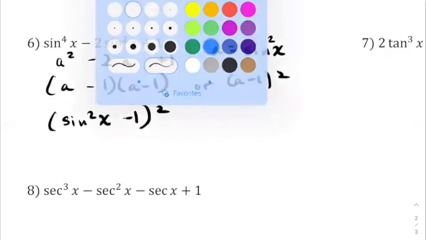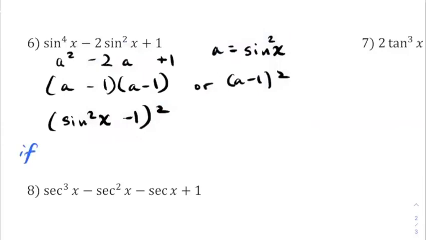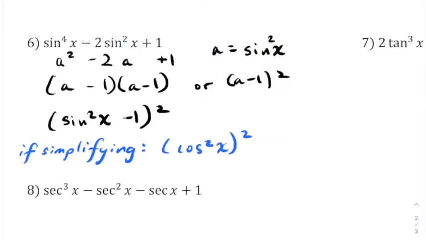And again, you don't have to simplify here, but if simplifying, sine squared x minus 1 is equal to negative cosine squared x, all of that squared, which then just gives you cosine to the 4th x. Actually, I don't need the parentheses. There we go. Okay, but if you were just factoring, you could have left it at sine squared x minus 1 squared.